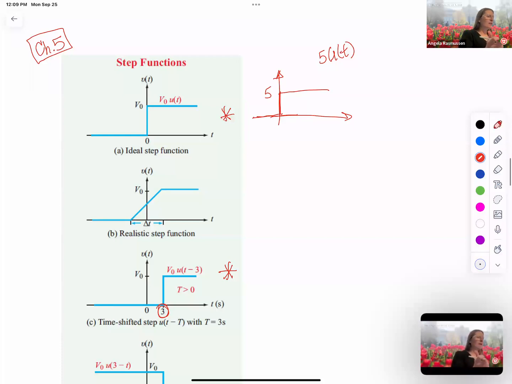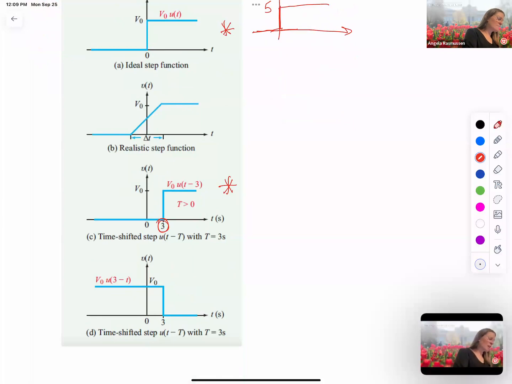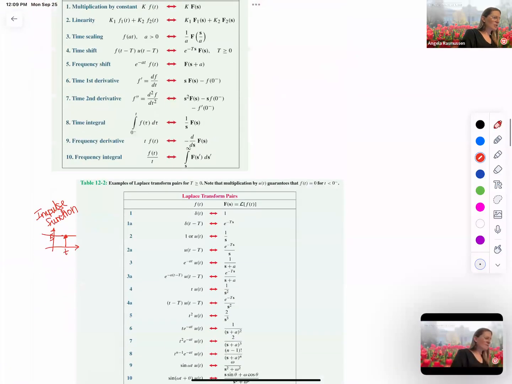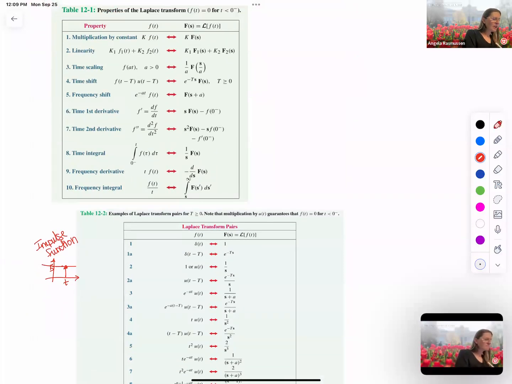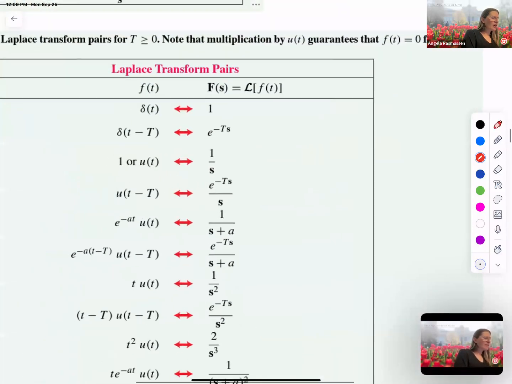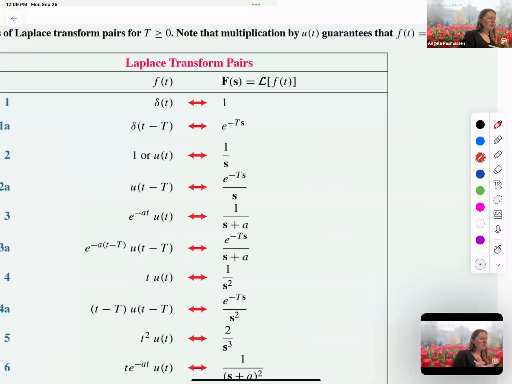Okay. You can also, well, I'll get to that after we look at a signal. All right, so this 1 or U of t is just 1 over s, and so on. Each of these is just a transform pair.